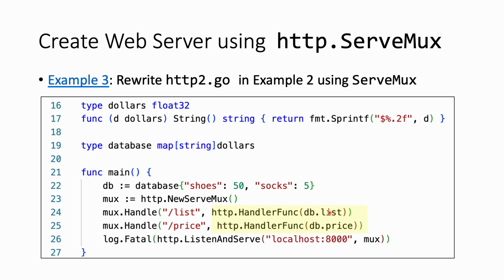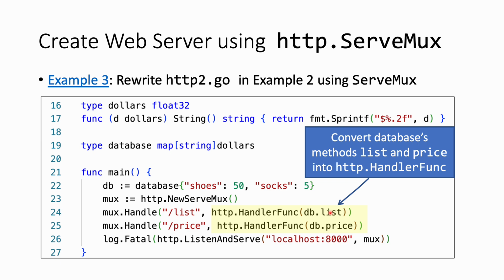And those methods can be converted into the http.HandlerFunc type. In this program, we first create a ServeMux instance by calling the NewServeMux function.